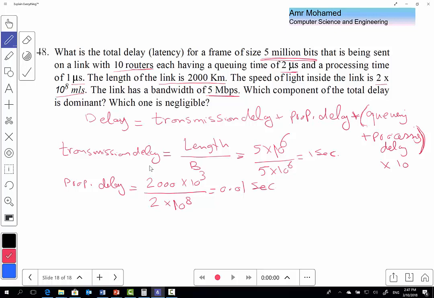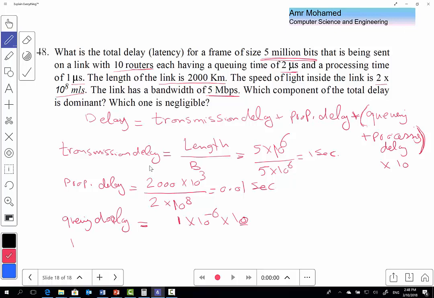Okay. All right. So now the queuing delay is 2 microseconds, so 2 times 10 to the power minus 6 times 10 routers, and processing delay is 1 microsecond, so 1 times 10 to the power minus 6 times 10 routers.